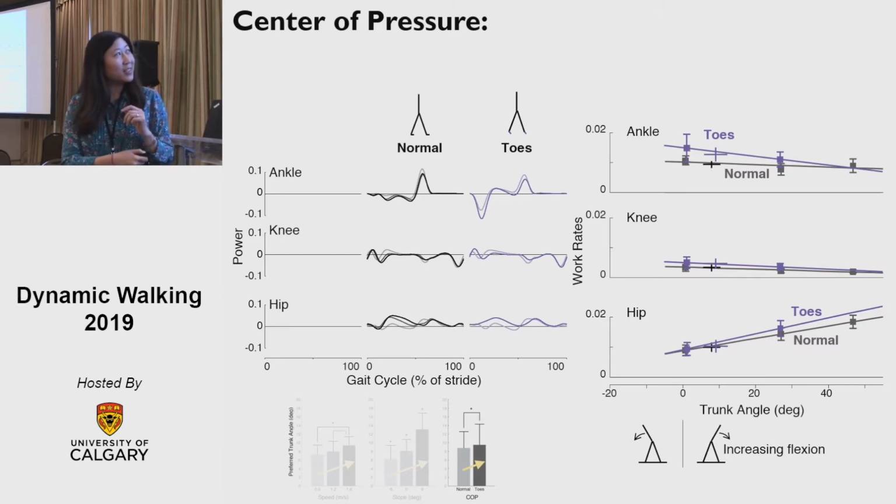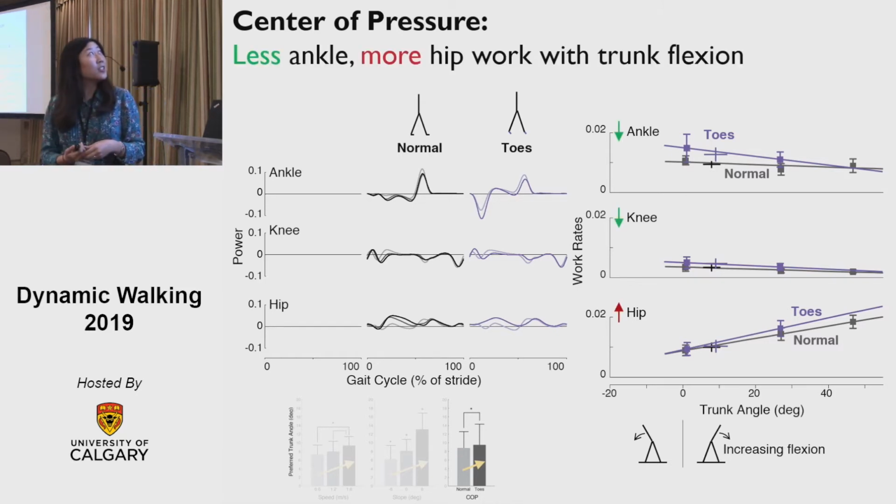Decrease in the ankle work rates and then the increase in the hip as you lean your trunk more forward. So, repeating it for the fourth or fifth or sixth time, there's more hip work done, but there's less ankle in this case also. So different scenarios, and they all have similar trends.